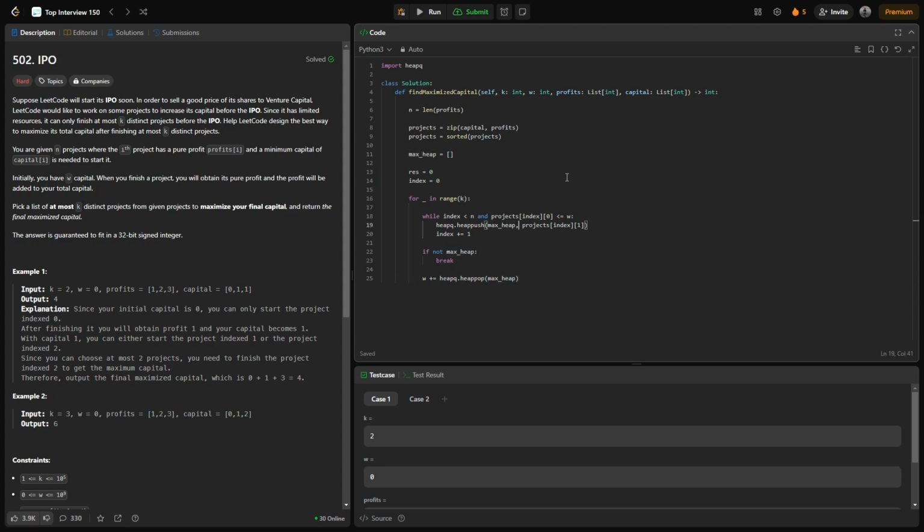Also, one more thing to remember, because we're creating a max heap, we have to pass in the negative value. So it would be minus projects, and similarly, when you'd be adding it, it would be minus heapq. Let me return w, or I can say result. It's up to my wish.